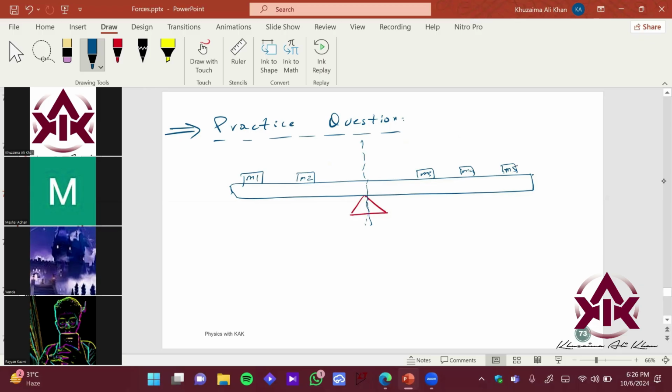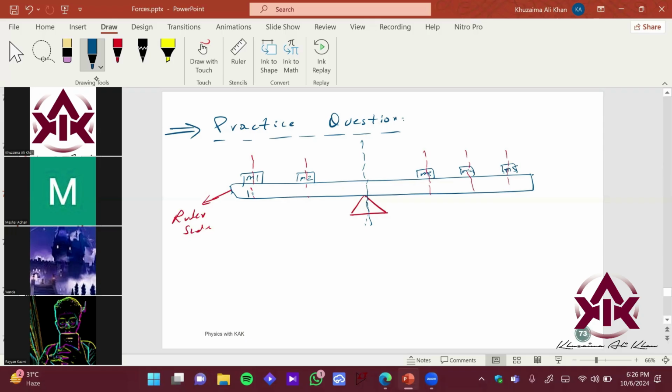Let me just give you the readings. This is the center of the masses. At this point, let's imagine this is a ruler scale. Now I'm giving you values over here.